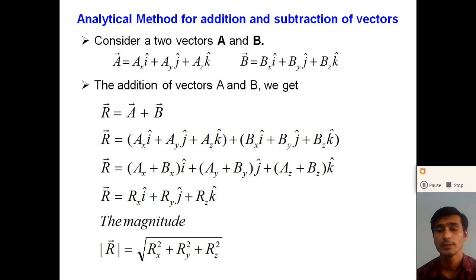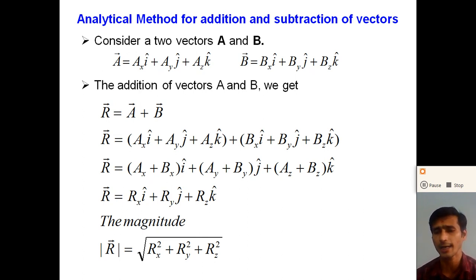Dear student, previously we discussed the graphical method, the triangular method for the addition or subtraction, or the method of parallelogram for the addition and the subtraction of the vector. But this method is limited up to 2 or 3 vectors. If you want to add more than 3 vectors, the graphical method or the method of parallelogram is quite difficult, right?